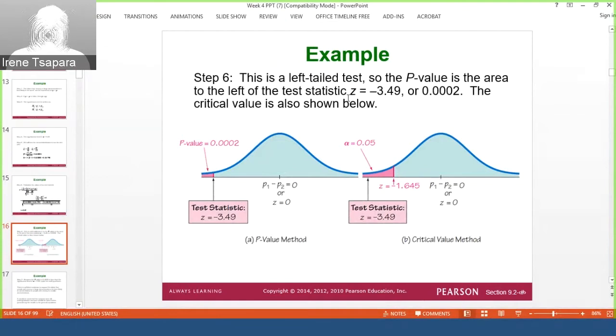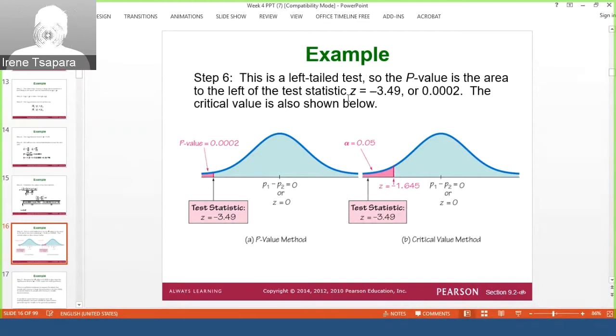And this number is less than the significance level, 0.05. So this means that the z-score negative 3.49 lies in the pink area on the left side of the bell curve, in the rejection area. So we will reject our H0.